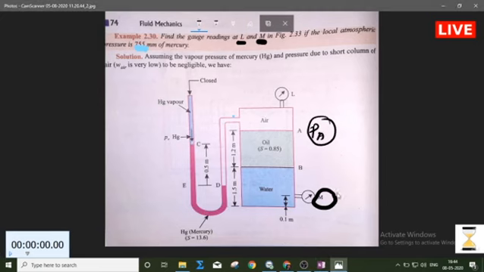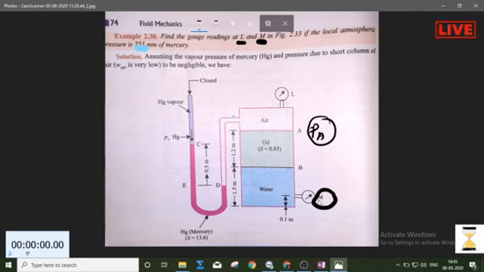So the pressure at point M will be the pressure at point A plus the pressure due to the 1.2 meter head of the oil plus the pressure due to the 1.5 minus 0.1 meter head of the water. I think it is clear.